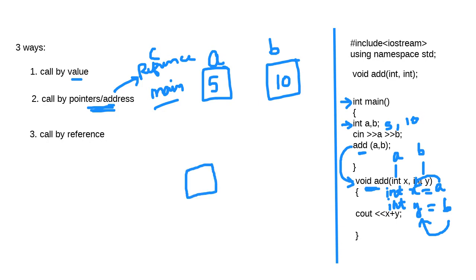And can I say two new variables are created? One is X and one is Y. So what value is there in X? Can I say 5? And inside Y, there is a value 10. And what is the scope and lifetime of these two variables X and Y?